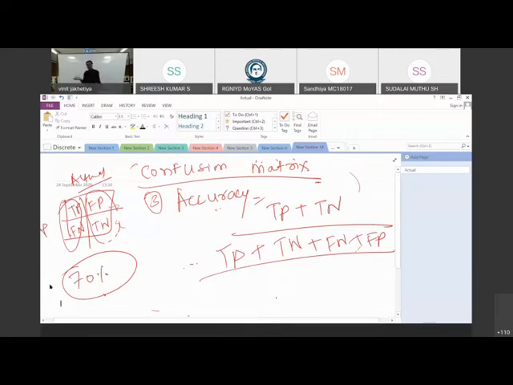So whenever you are training any model, you will see this accuracy all the time, right? But some drawbacks are associated with this accuracy term. It is always saying that 70% of the data has been classified correctly, but it never says anything about the remaining 30% of the data which you classified incorrectly.